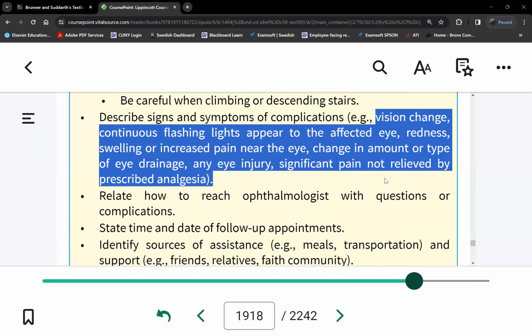However, tell the patient that the best vision won't be apparent until weeks after the surgery. It will get better every day, but don't expect it to be 100% clear right after the surgery. Expect it to be swollen, red, itchy, and a little painful. It should not be severely painful. Are we clear? So there's just mild pain here.